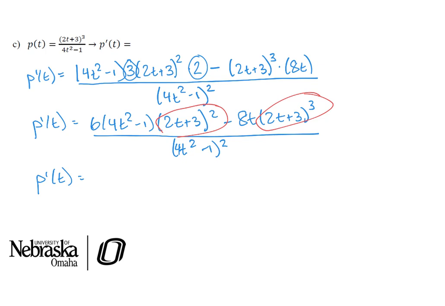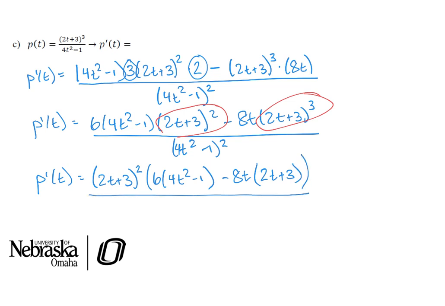Okay, so from the numerator, we're going to factor out a (2t plus 3) squared. So then we would be left with 6 times (4t squared minus 1). And then minus 8t. And again, like part A, we're left with (2t plus 3) to the first power. Okay? Divided by our denominator. So now we can distribute the 6 inside here, distribute the 8t, and then combine any like terms we have within these parentheses, and that would be our final step.